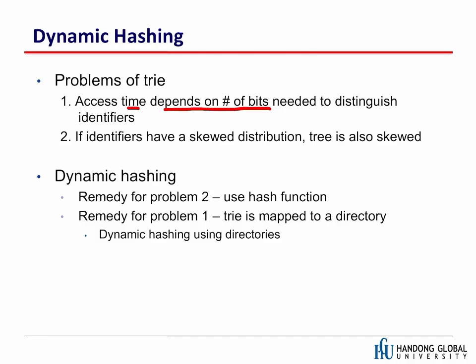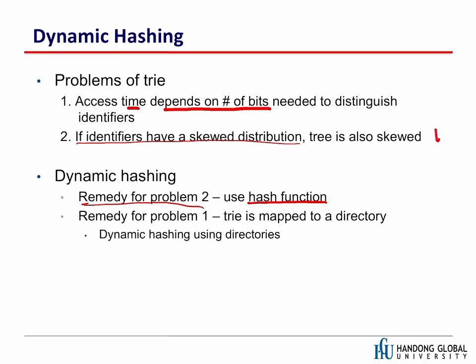So we can actually change the problem. We can solve the problem with some tricks. For problem 2, we can use a hash function. In problem 2, the identifiers have a skewed distribution. If we design a hash function carefully, then this hash function can distribute all the identifiers evenly.